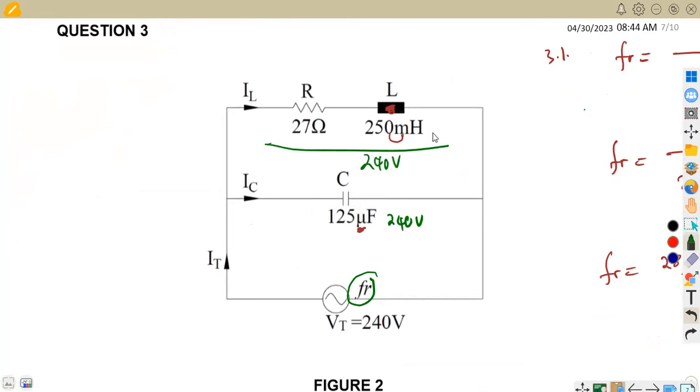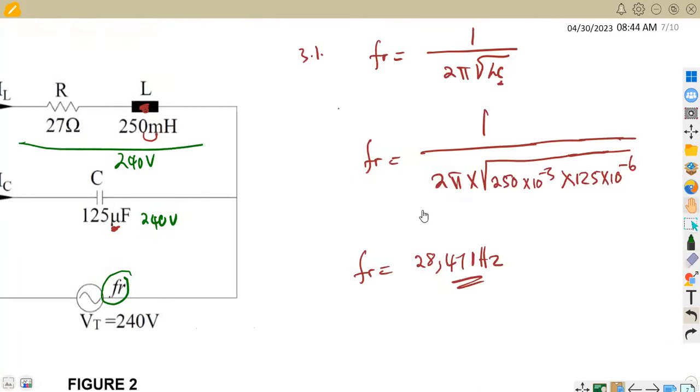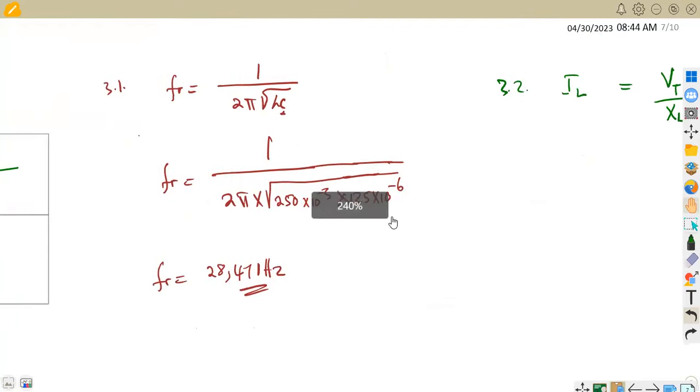So we have to calculate the inductive reactance XL from the 25 millihenries that we are given, so that we can calculate the current flowing.